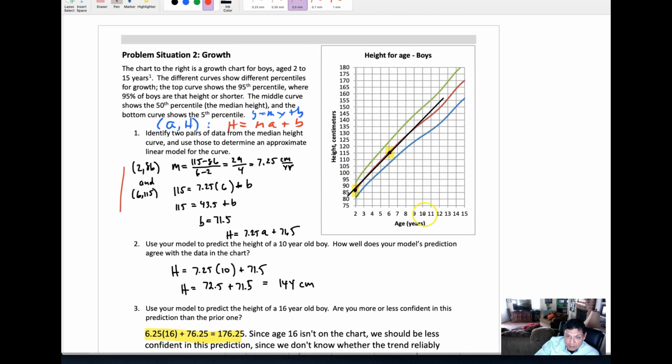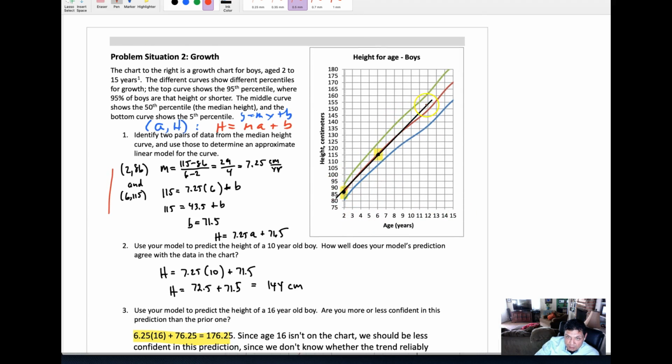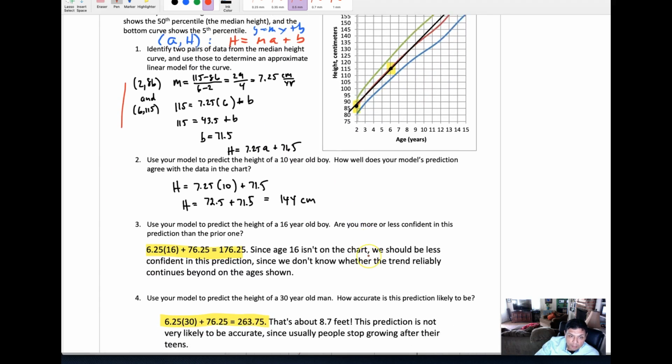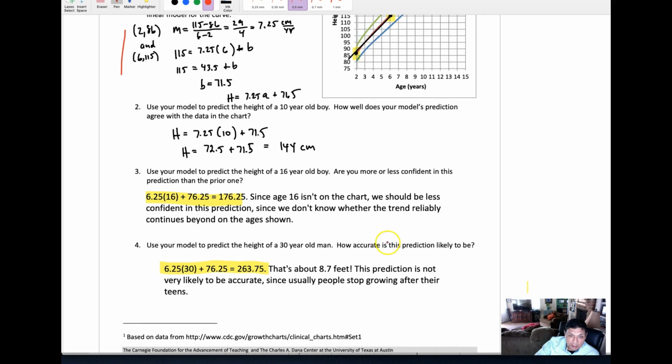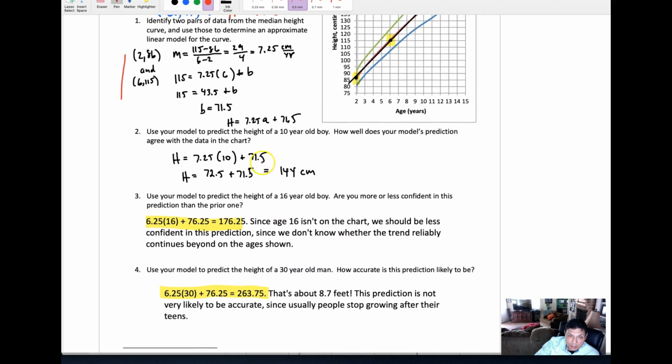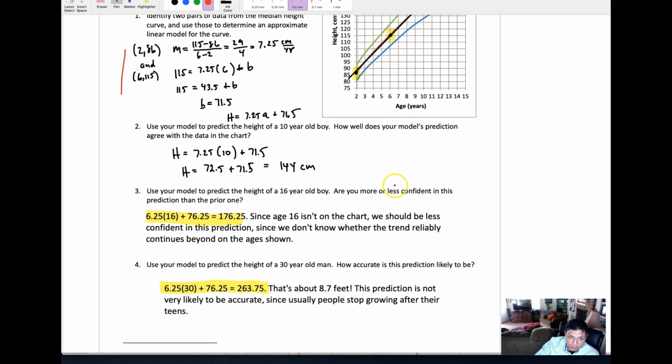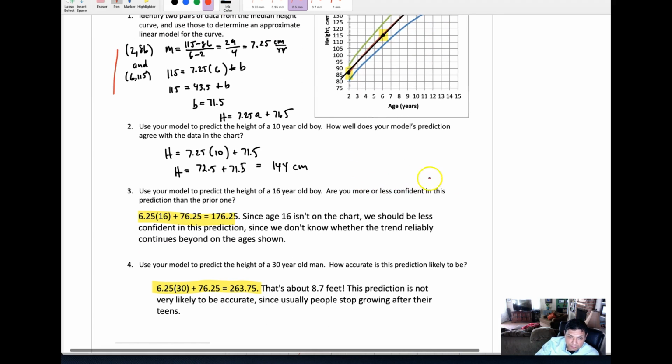As you can see, the height of a boy from 2 to 15 is an increasing value, about 7.25 centimeters per year. You would make predictions here. And then again, questions about how we use these equations. This is pretty much only good for the years of, we would say, probably between 2 and 15.